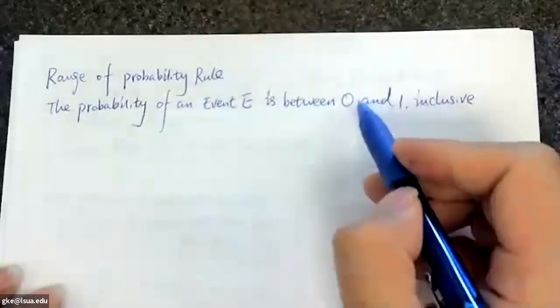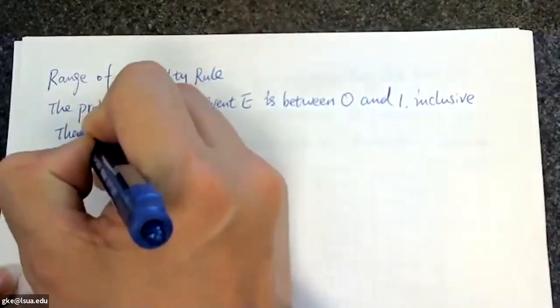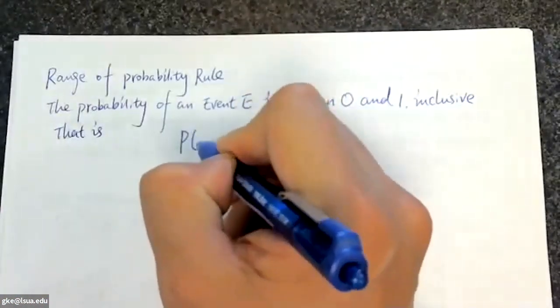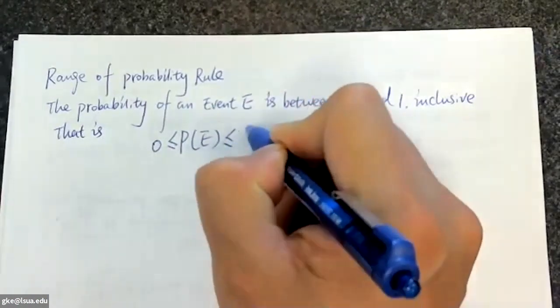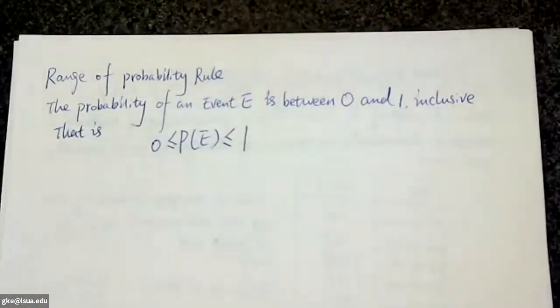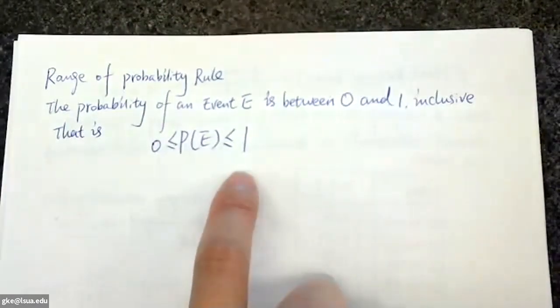Inclusive means include 0 and 1. That is, the first one is what? The probability is always positive or non-negative. Always non-negative. And the second thing is probability is always between 0 and 1.